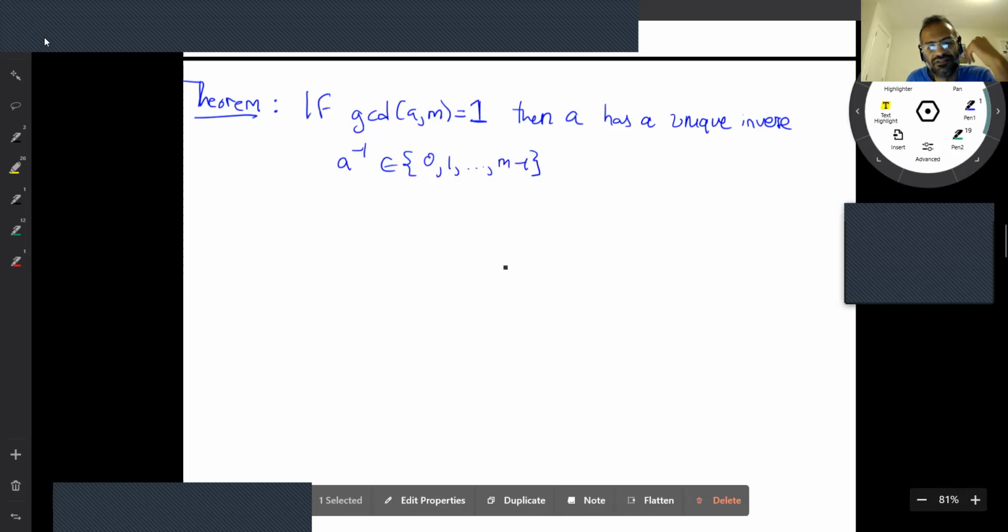So uniqueness means there's only one. If they're relatively prime, then there's a unique inverse in that set. Any questions about the statement before I get to the proof?